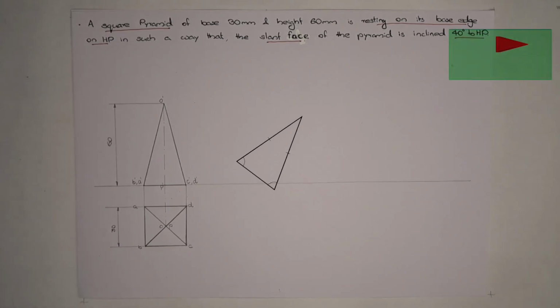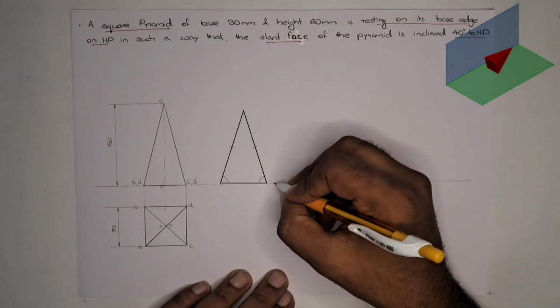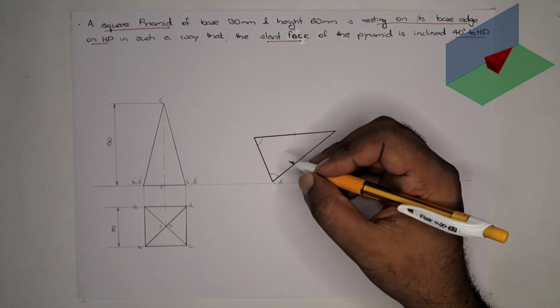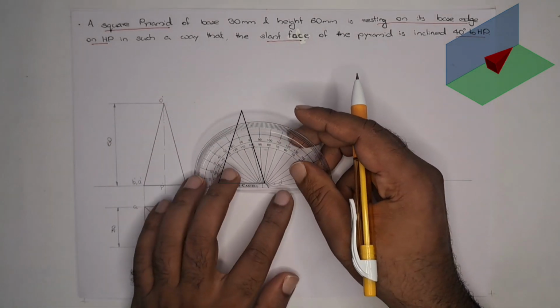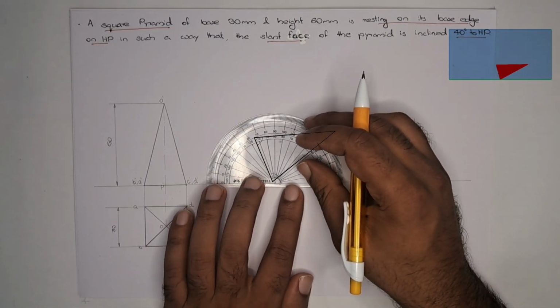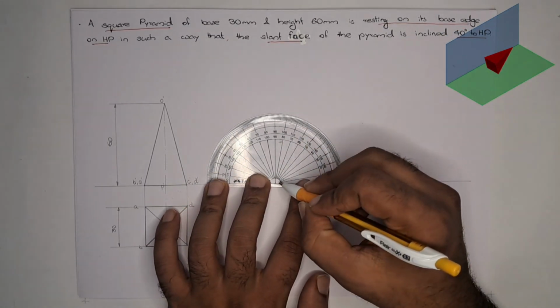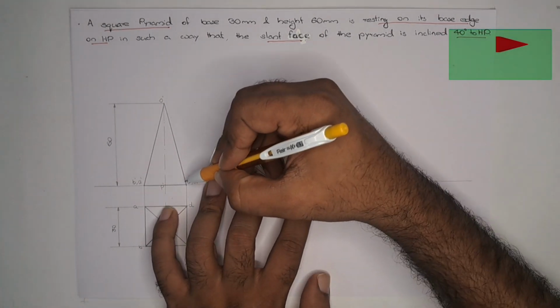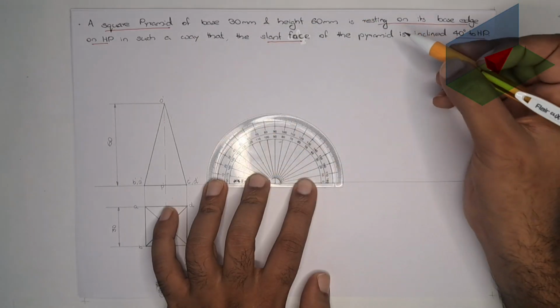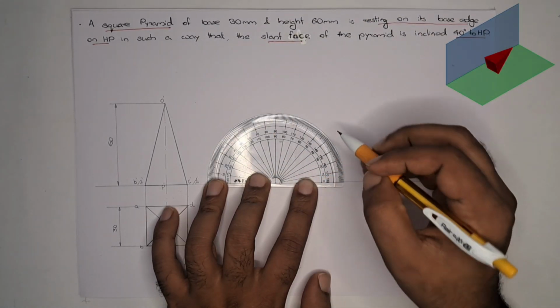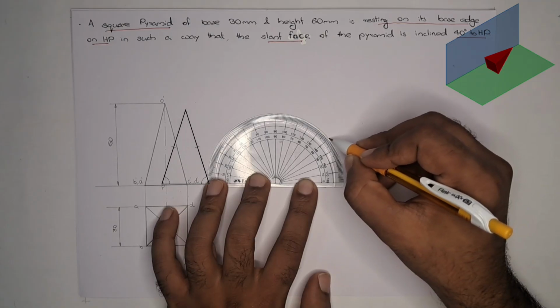At first we have to plot the point D dash over here. Now here we don't take the complementary angle, instead we take the 40 degree right here itself, because the DO line is the inclined line, so we directly take the 40 degree over here.